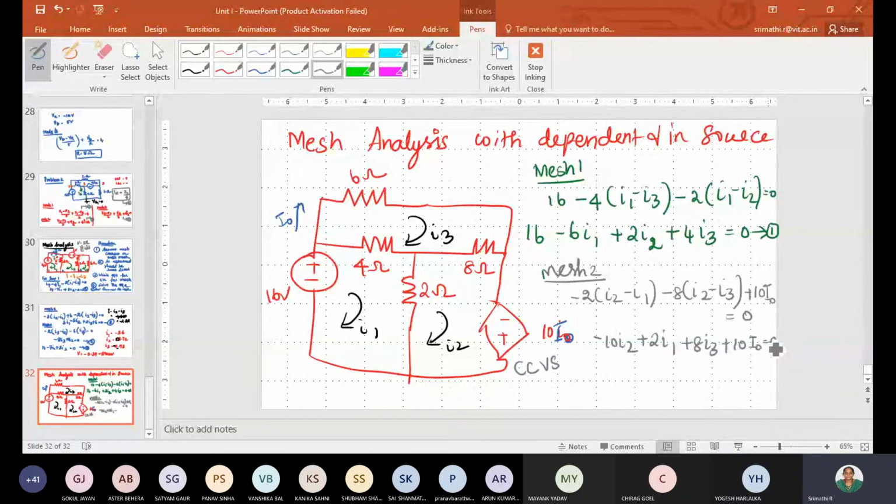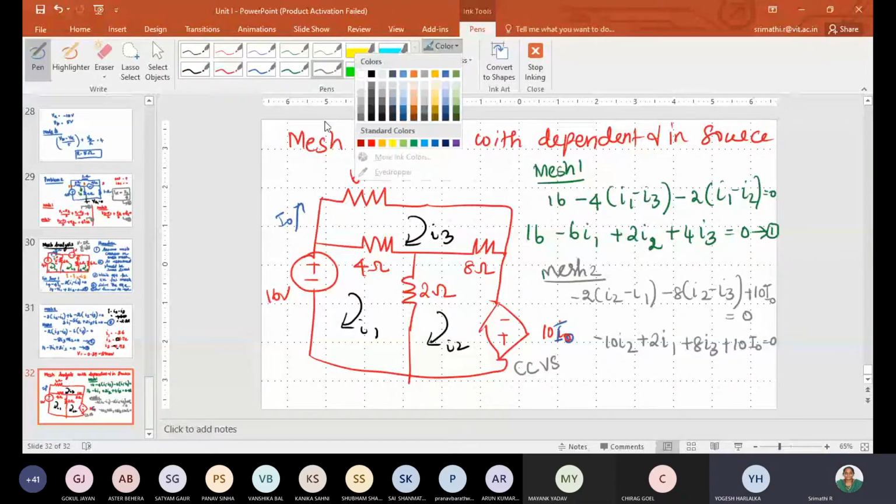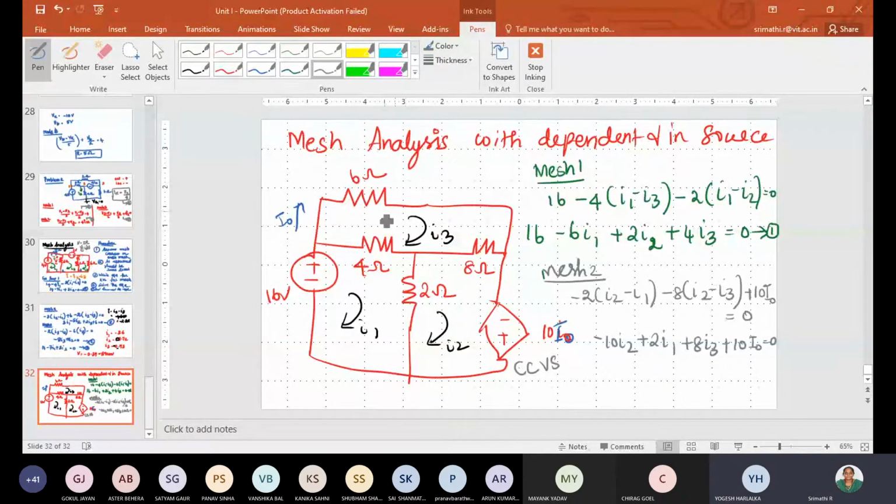Am I right? And what is I0? I0 is the current in the left branch, the 6 ohm branch, meaning according to our assumed current direction, I0 is equal to I3.